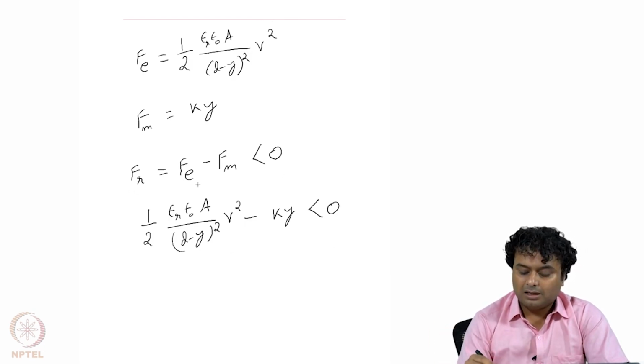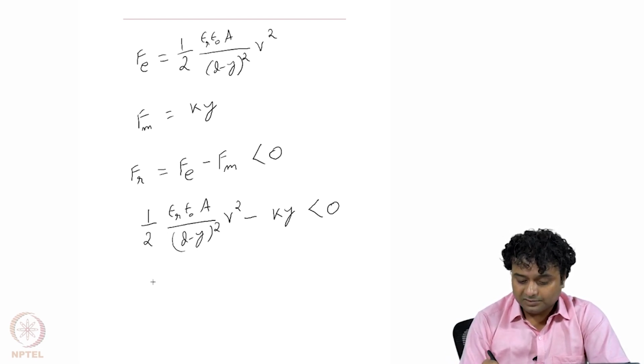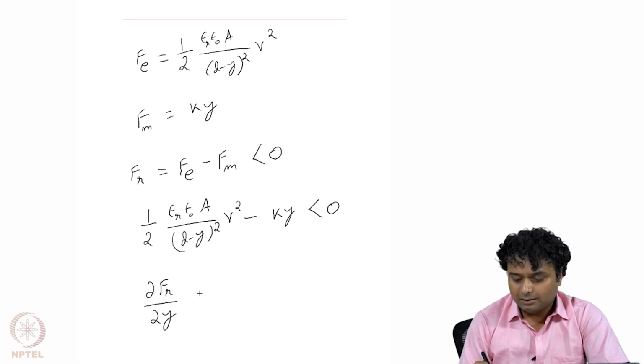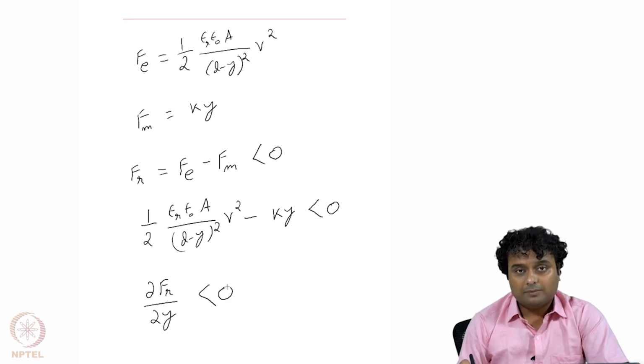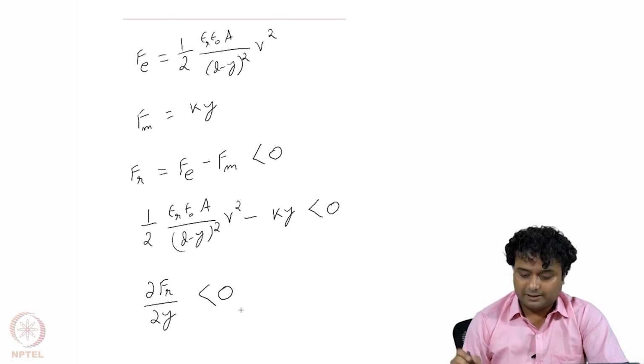So this is my FR, electrostatic force minus mechanical force, and the resultant force will go down as we increase y, and that is the region where we can assume the beam is in stable condition. As FR goes down with y, delta FR by delta y is less than 0, that means it is a negative slope: while y is increasing, the resultant force is decreasing.